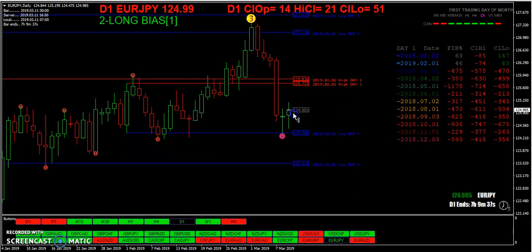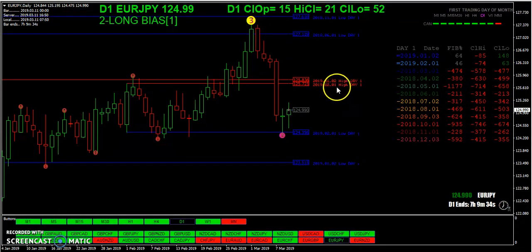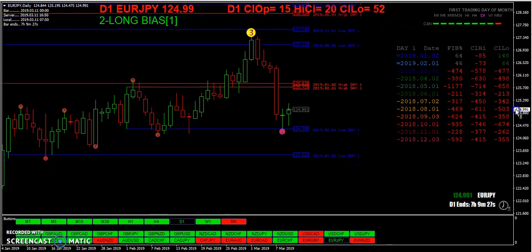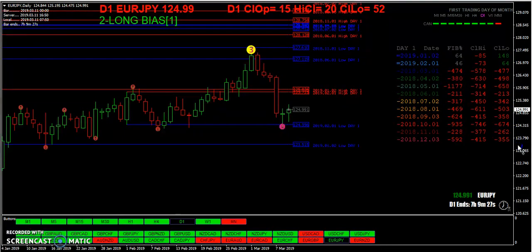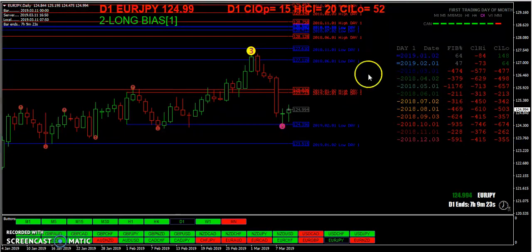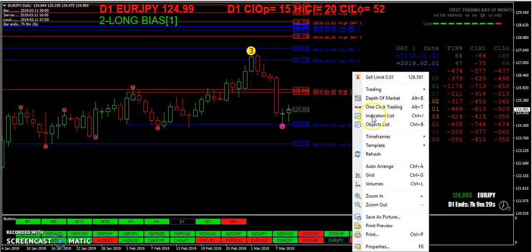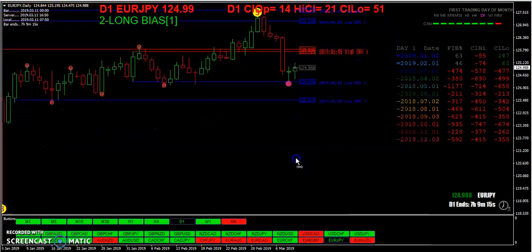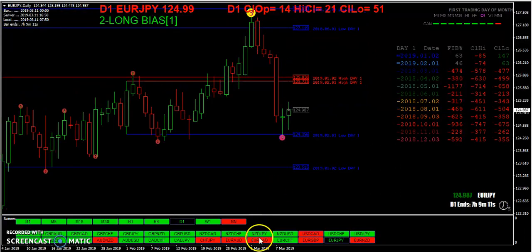And once again, we've got the ranges. So we've got the high of February, the high of January. Oh, for some strange reason, I thought I had switched that over. Oh, I know what happened. I'm using a different profile. I'll have to update that.